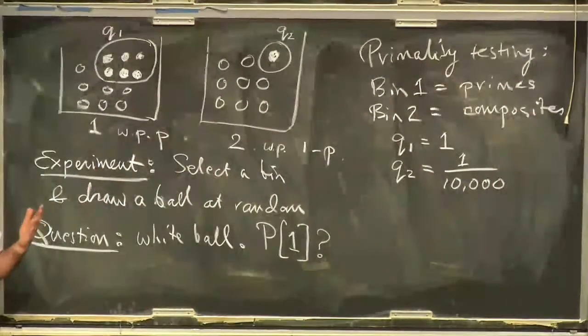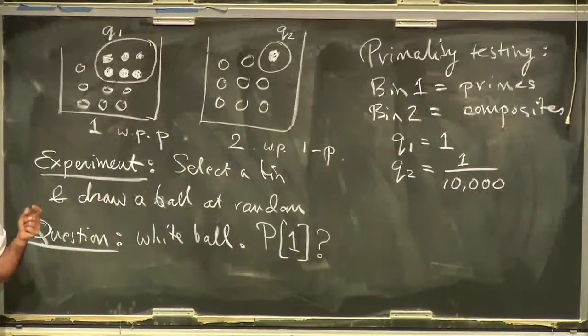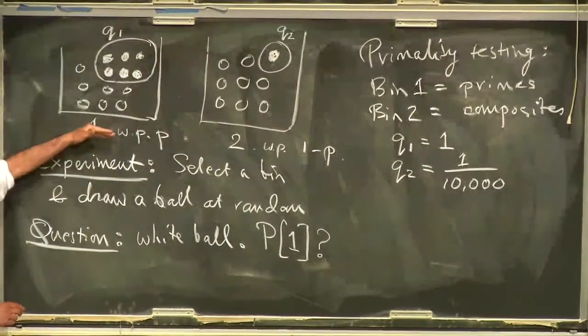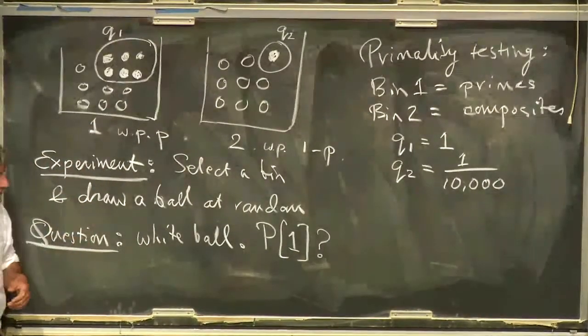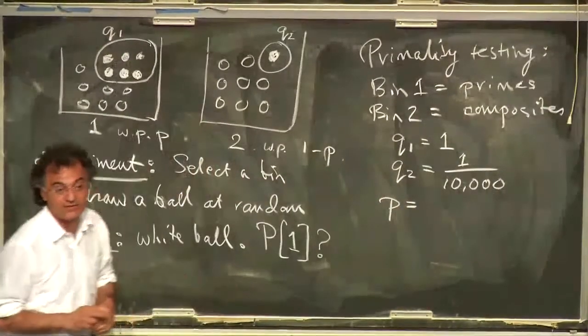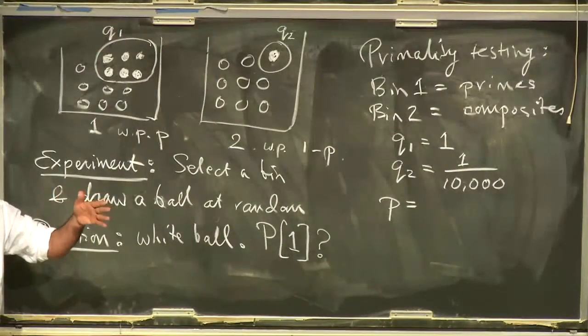But this was not enough to tell us the probability we actually picked a prime. To do that, we also had to figure out with what probability we input a prime to begin with. What proportion of numbers were prime. So P is the fraction of 200-digit numbers which are prime.